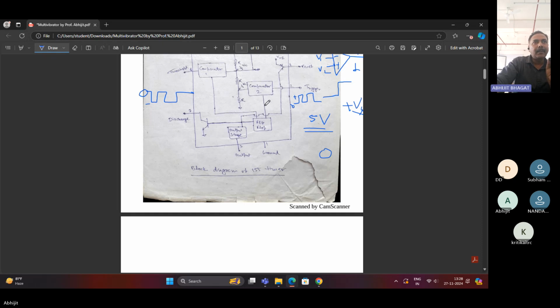Clear? Initially trigger voltage is 0. Suppose you are not providing the trigger voltage, then this is 0 and this is 1/3 VCC at this terminal. So your output depends on this 1/3 VCC. But when you supply the trigger voltage and it is greater than 1/3 VCC, then there is a change across the output.